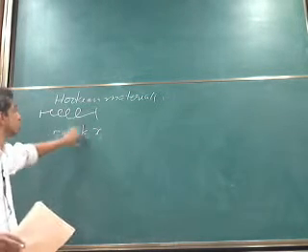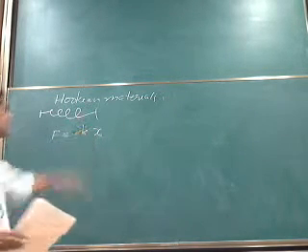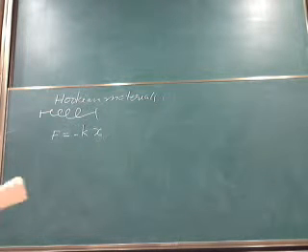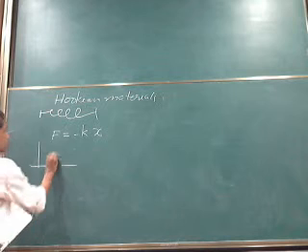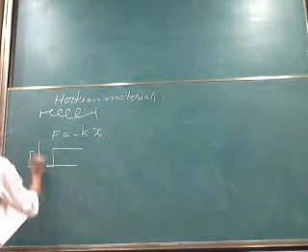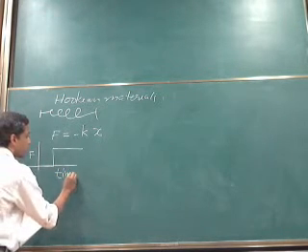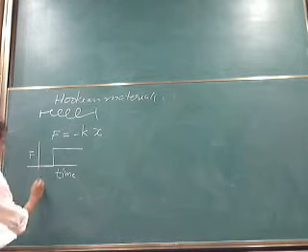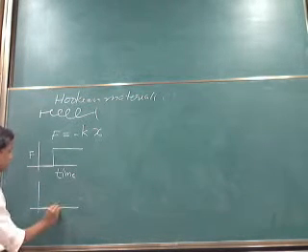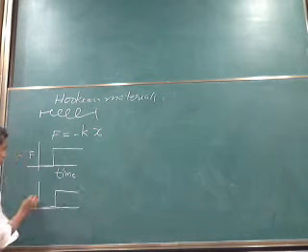If I take a stiff spring, k is larger. If I take a soft spring, k is less, and so on. So if I take the spring and apply a step force, this is time, so I suddenly apply a force on the spring, then the spring will stretch instantaneously.